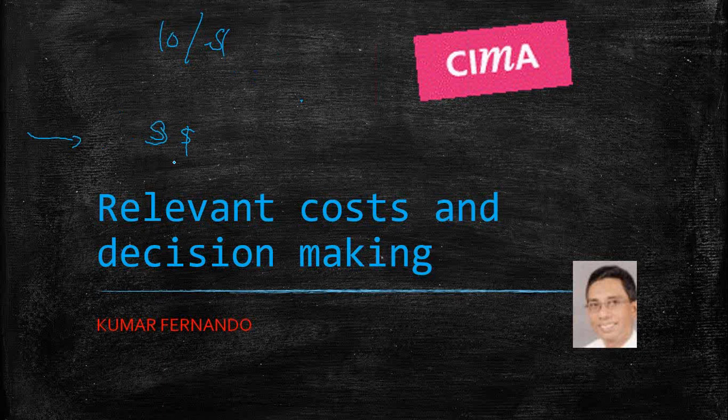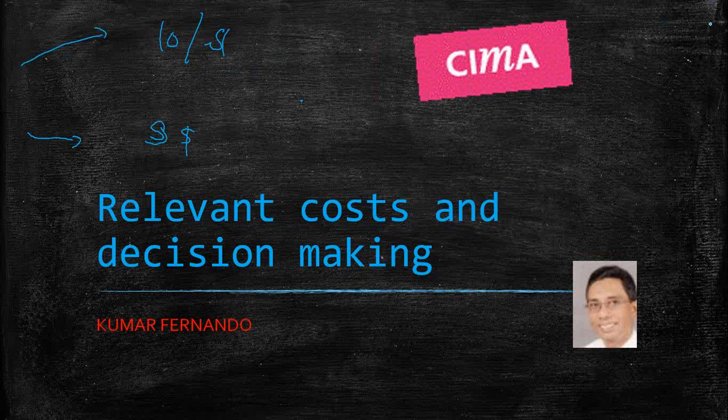So if it is going to make a loss, you should not decide in favor of doing it at 9. But it's not only a question of making a short-term profit. What will happen to the people who bought the product at 10? Will they also come and ask for 9? And if they ask for 9, what is going to happen? So there are many decisions that you need to take. That is what we call decision making.